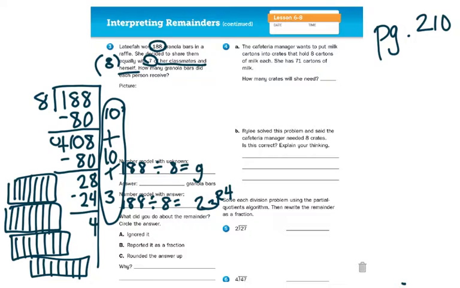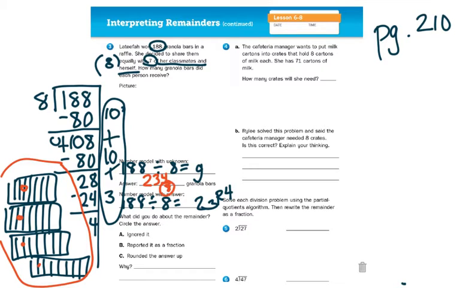So each person is going to get 23 granola bars and 4/8 of the remaining ones. They each would get 1, 2, 3, 4, and each of those granola bars is in 8 equal parts.